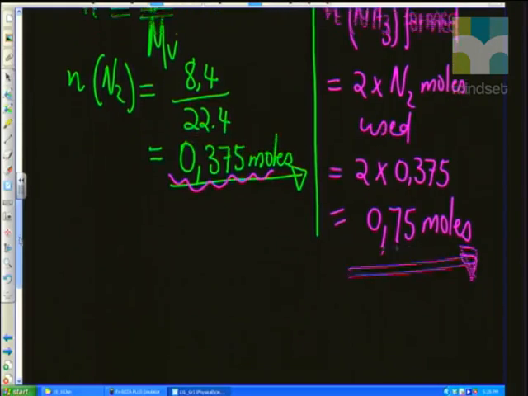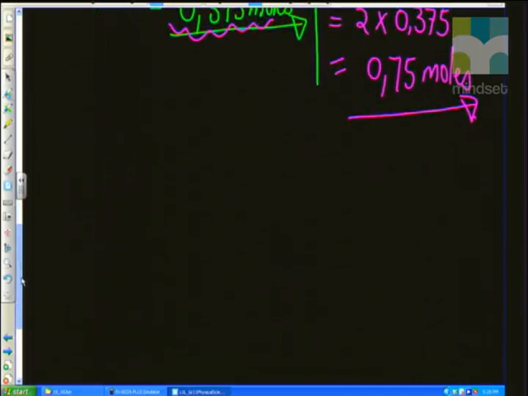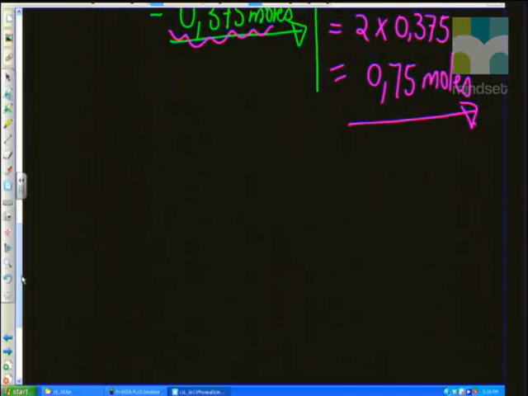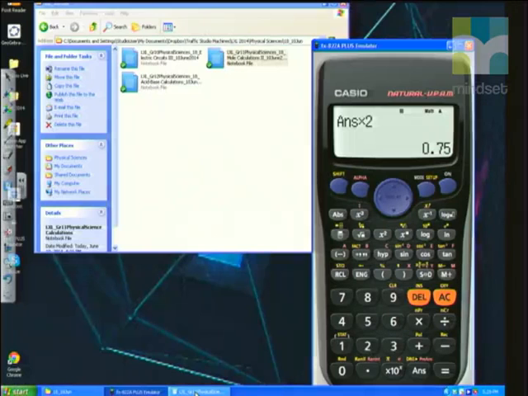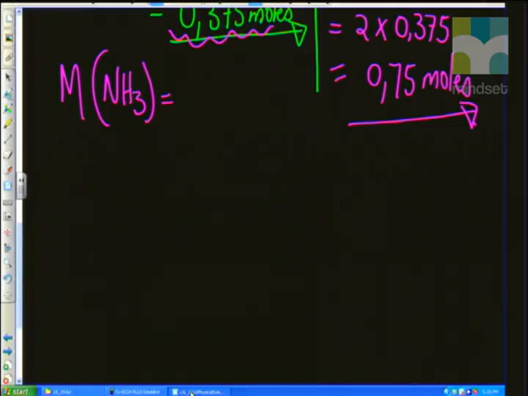Now the question wants us to find the mass, not the number of moles. But for us to find the mass, we will need the molar mass of ammonia, and I'll show you why later on. Now, molar mass of ammonia, right?